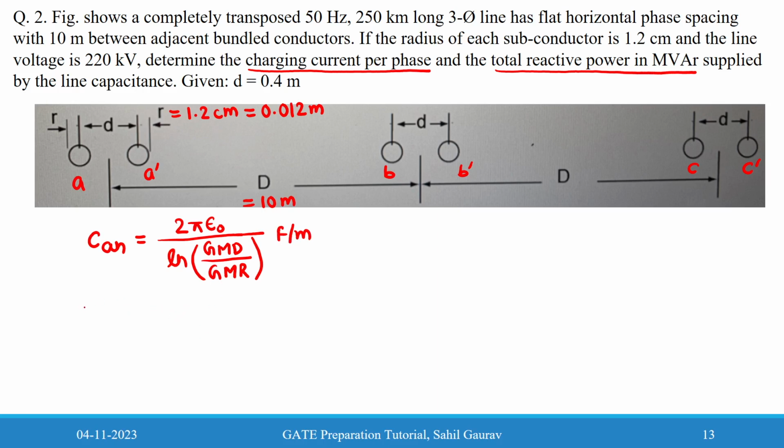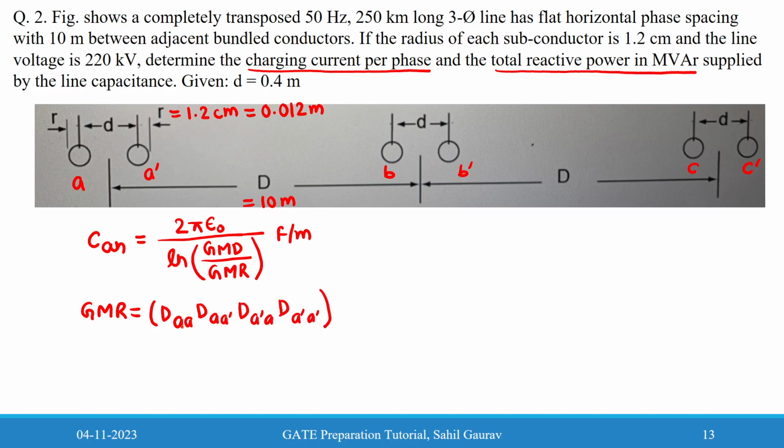All conductors of the phases are identical. So GMR will be like, we have considered the A phase, so we can write, first with respect to itself, Daa, and then Daa dash, then Da dash a, then Da dash a dash.